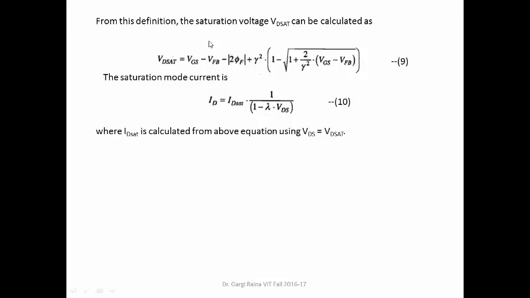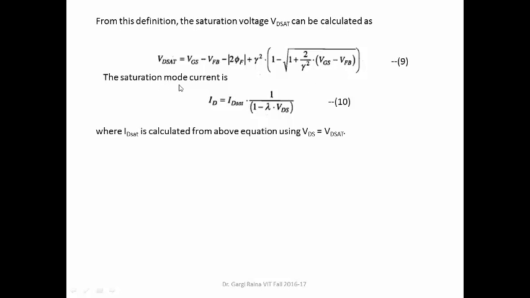From this definition, the expression for the saturation voltage VDSat can be calculated as: VDSat is equal to VGS minus VB minus twice the surface inversion potential plus gamma square, the body effect parameter, into 1 minus root of 1 plus 4 by gamma square into Vg minus Vfb.